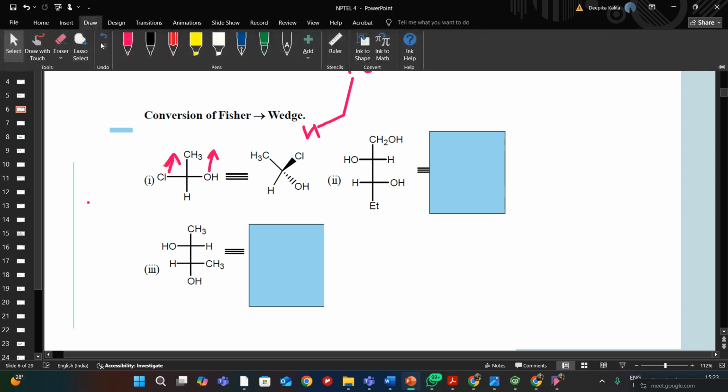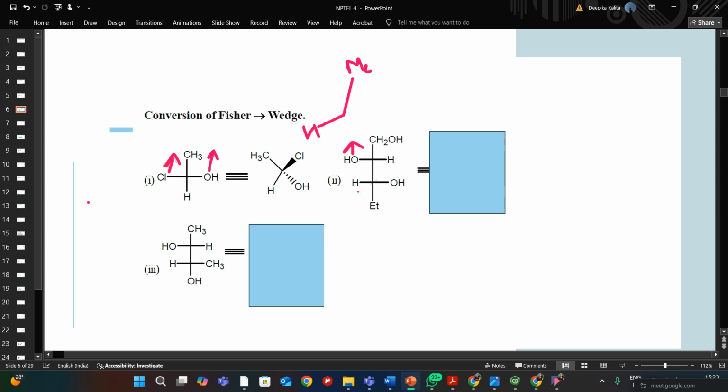Similarly, if you have to do the same for the second molecule, we will lift this molecule holding on the horizontal substituents, and the CH2OH and ethyl substituents will remain on the plane.